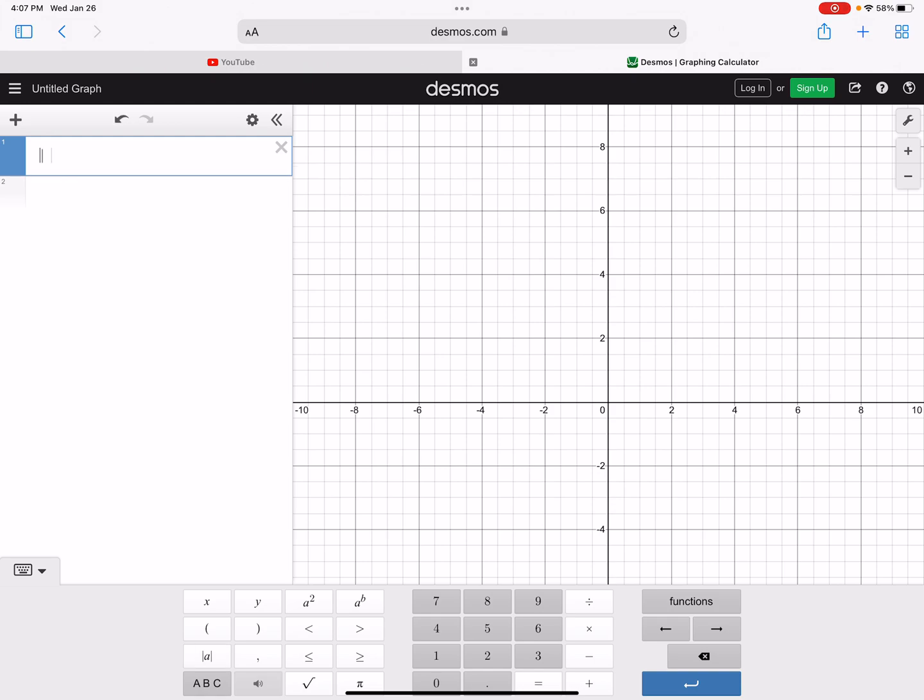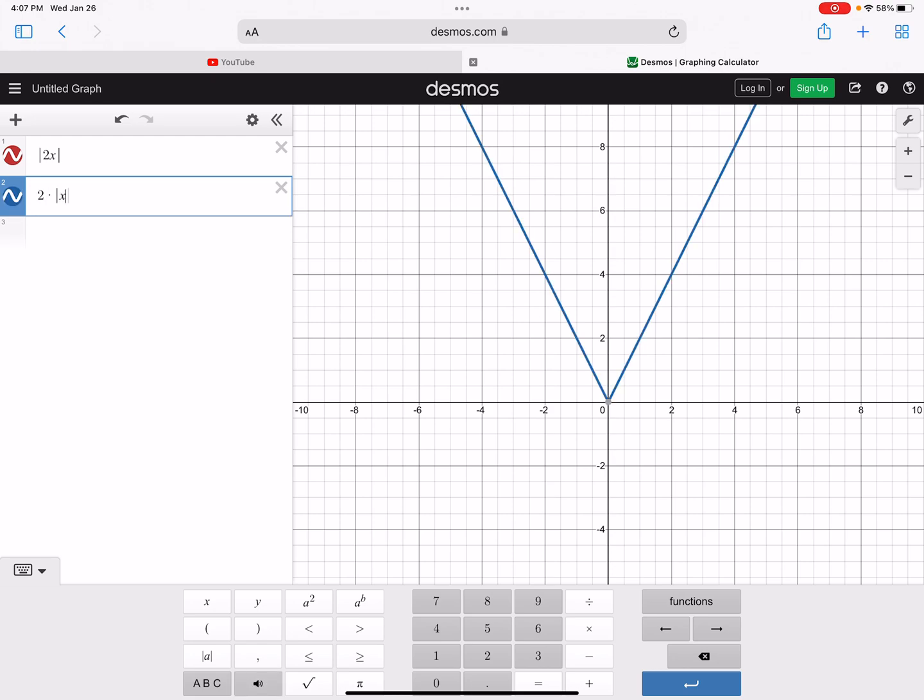So if I do the absolute value of 2x, it's that red graph. If I do 2 times the absolute value of x, okay, they graphed on top of each other. So on absolute value, does it matter if you put the dilation inside or outside? No, because you're making positive.